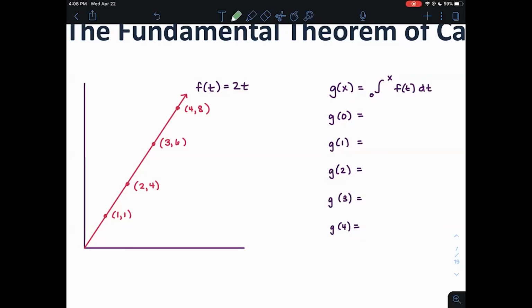So let's look at the area under this curve between two values of t. I'm going to define g of x as the integral from 0 to x of f of t dt.